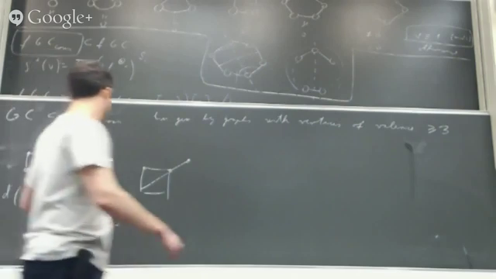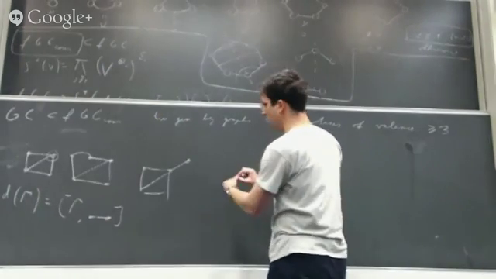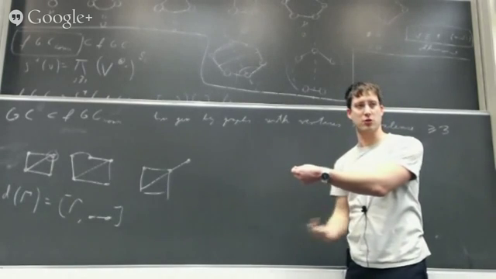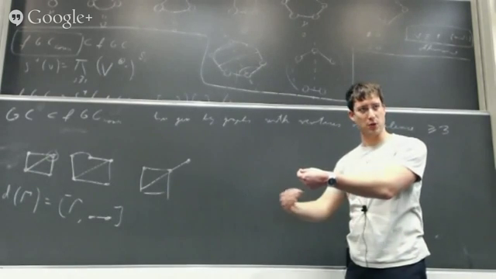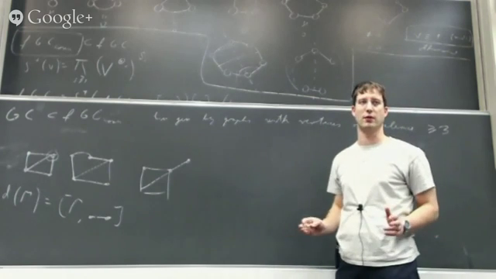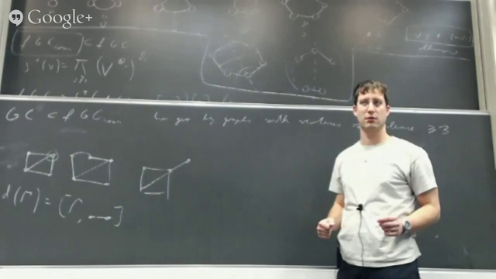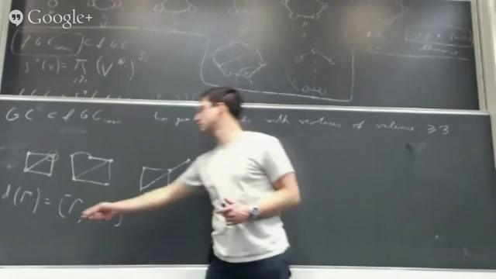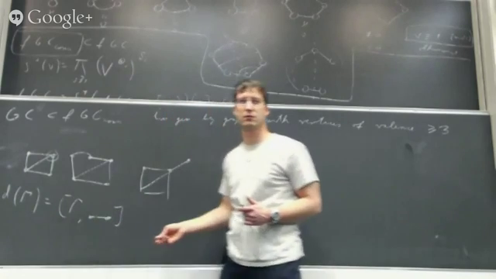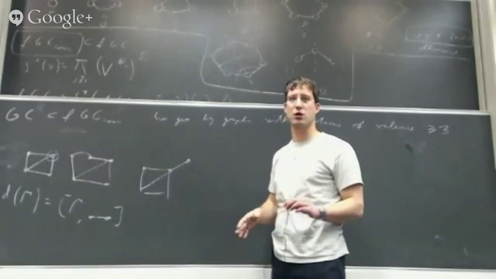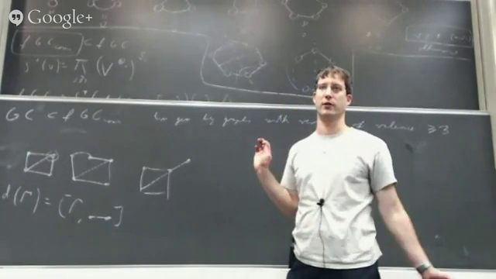What does the differential do? It splits every vertex and connects edges in all possible ways, but not in the way that all edges are connected to the one vertex, because this one is cancelled by the other part of this. So clearly the differential cannot make a one-valent vertex.